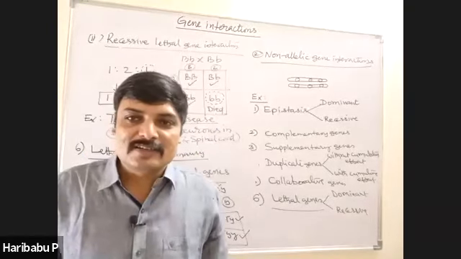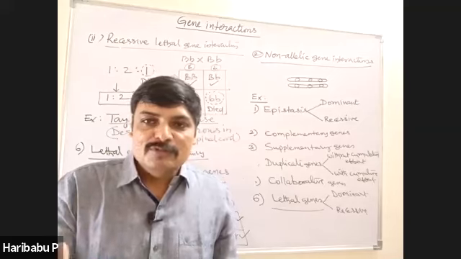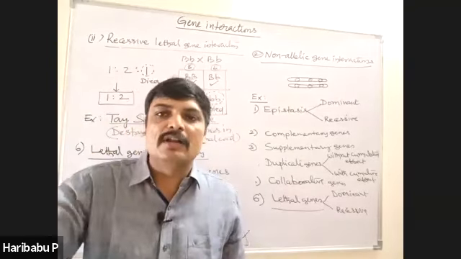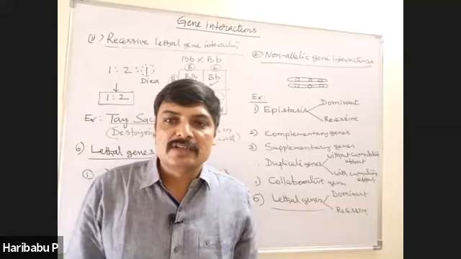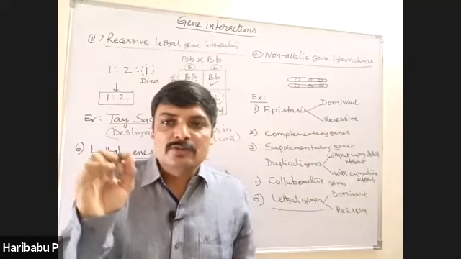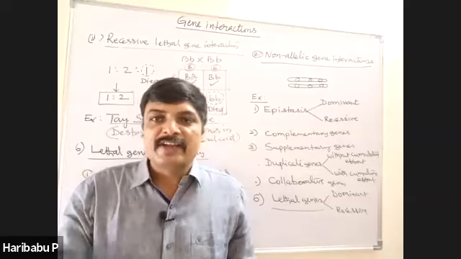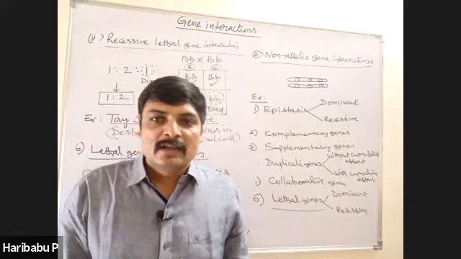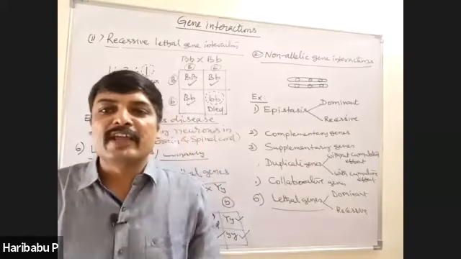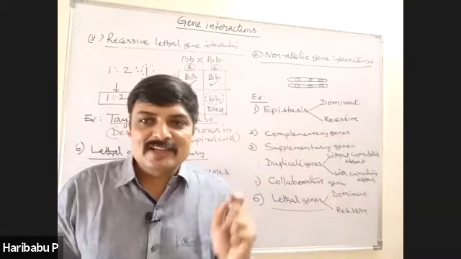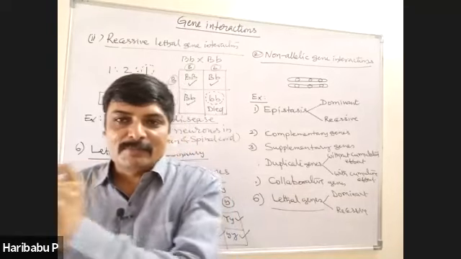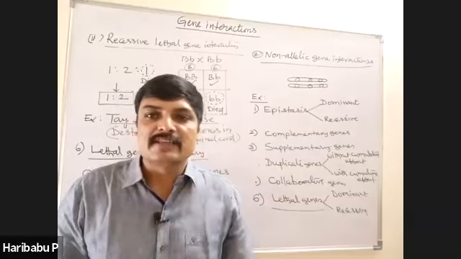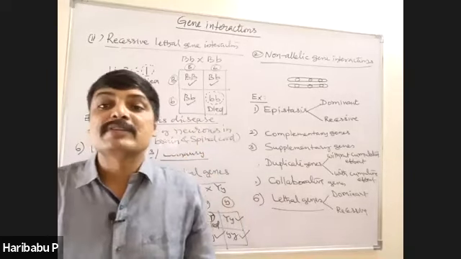The gene which is inhibited by the action of another gene is called a hypostatic gene. The 12:3:1 ratio is a modified ratio of dihybrid cross. Is it for dominant epistasis, recessive epistasis, or supplementary genes? The correct answer is dominant epistasis.